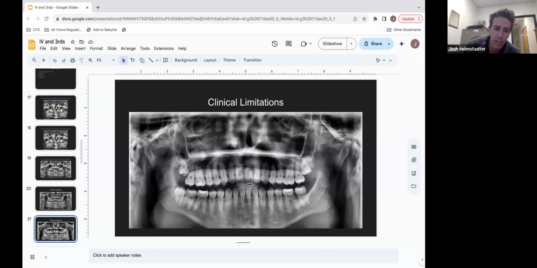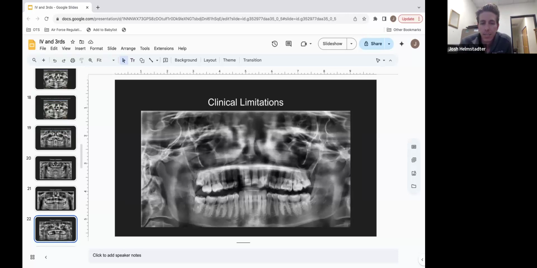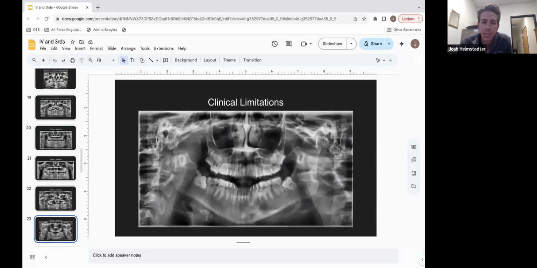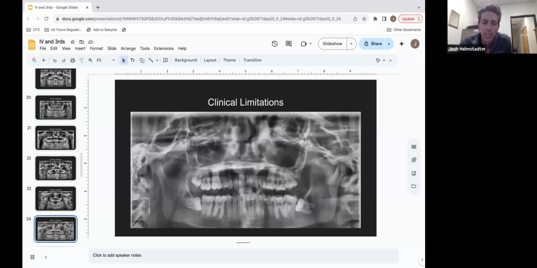You lose sight of the IAN, and now they're superimposed, but it's still good to inform the patient. Here's another case where I took out all 4. All 4 on this patient. All 4 on this one.